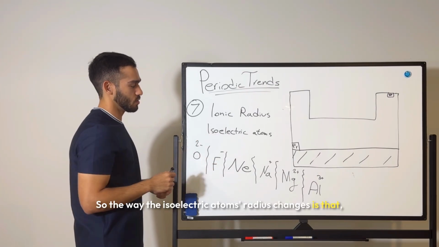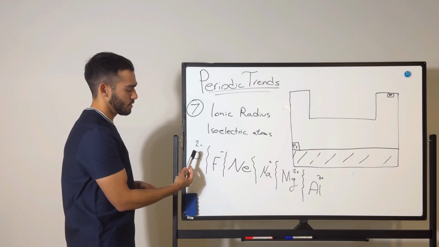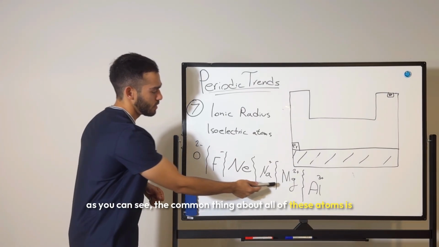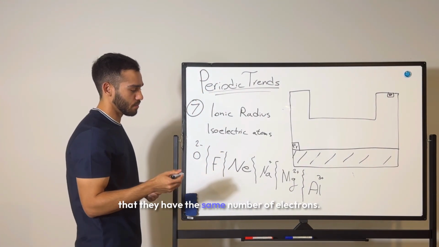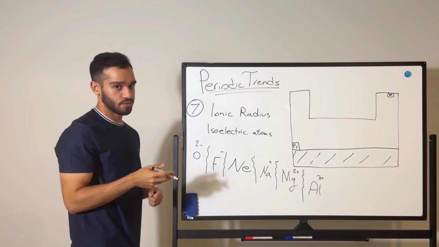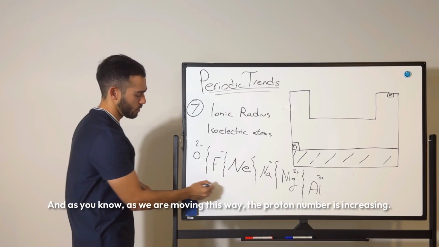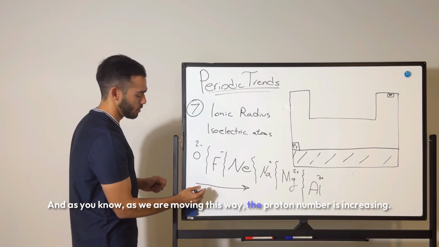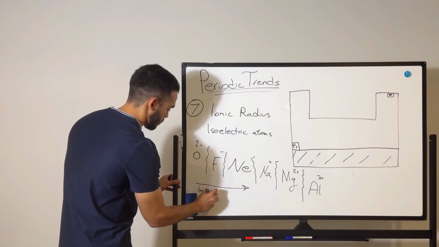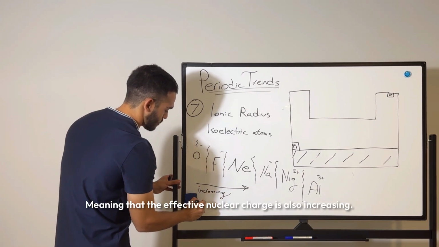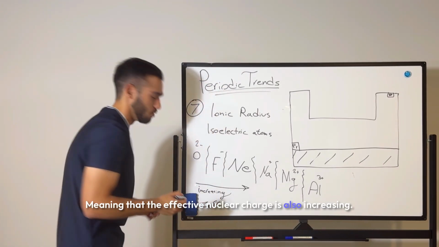So the way the isoelectronic atoms' radius changes is that, as you can see, the common thing about all of these atoms is that they have the same number of electrons, but the difference is in their proton numbers. And as you know, as we are moving this way, the proton number is increasing, meaning that the effective nuclear charge is also increasing.